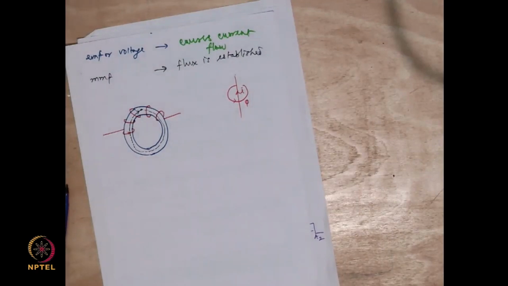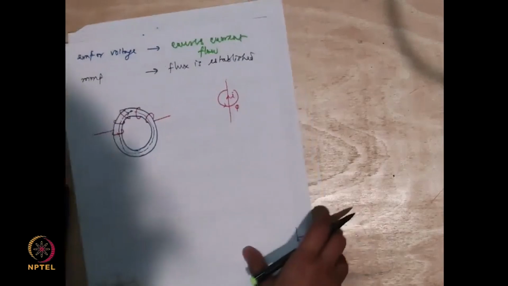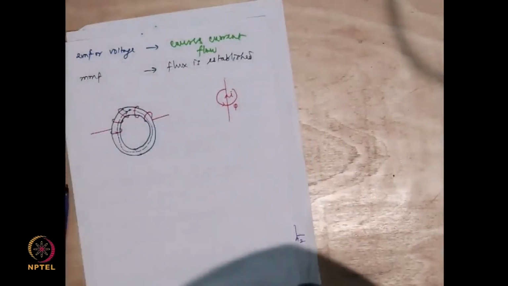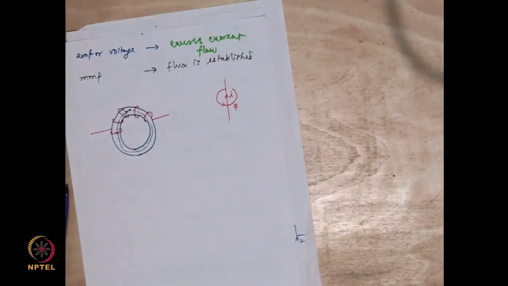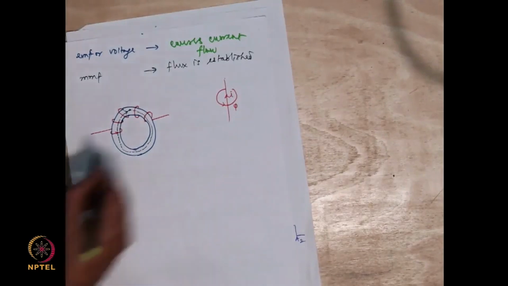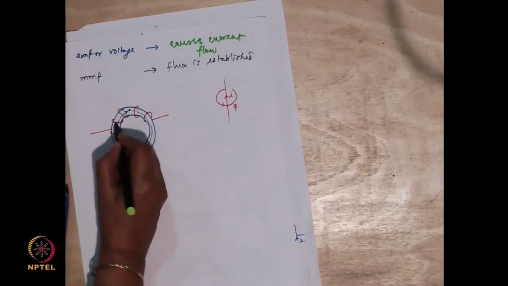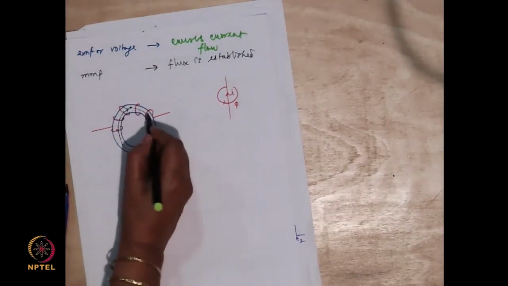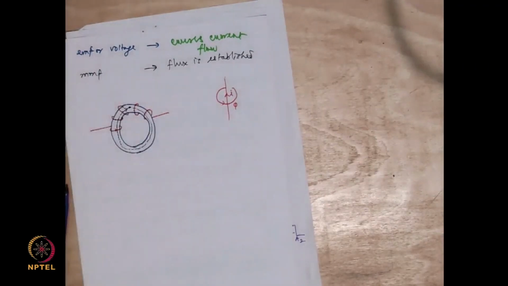Now, if I am saying that along the flux path, how many times the current is being linked? So I should say it is encountering the current once here, once here, once here, once here, and one more time here. So 5 times it is actually encountering the current along the flux path.